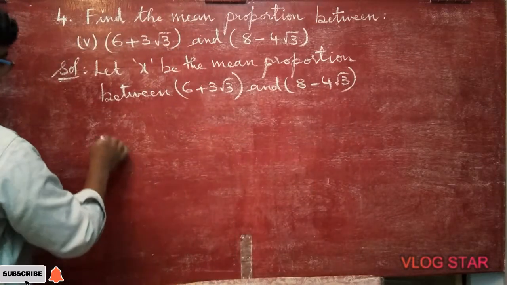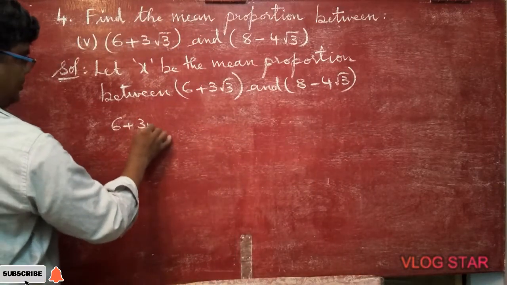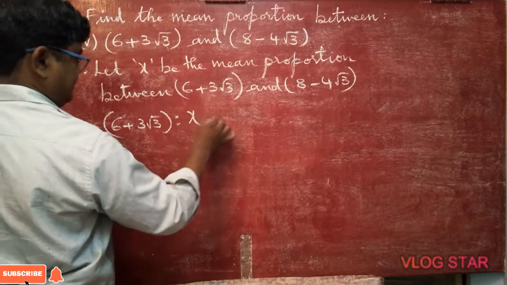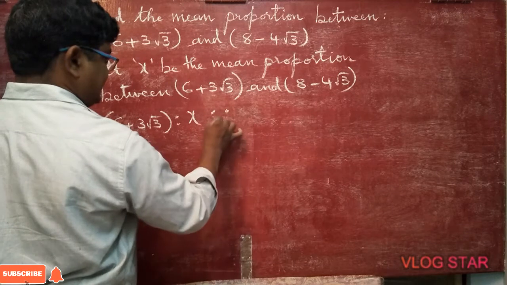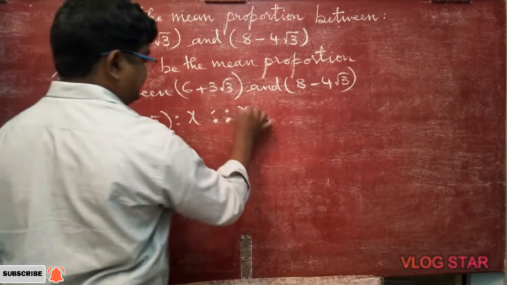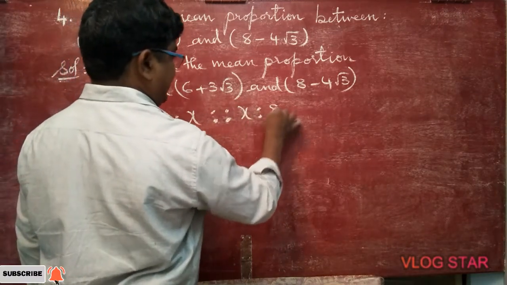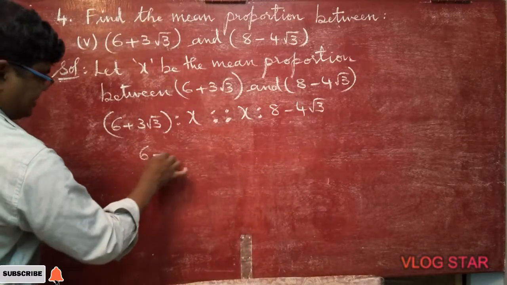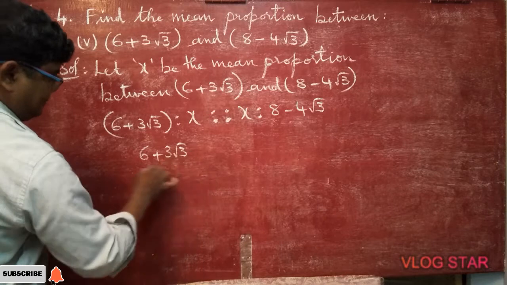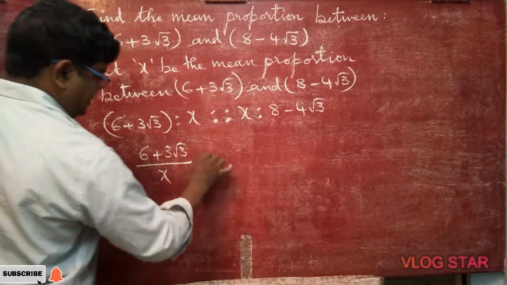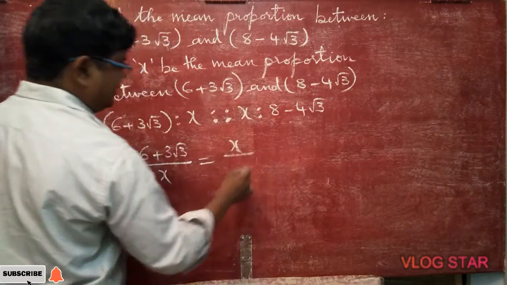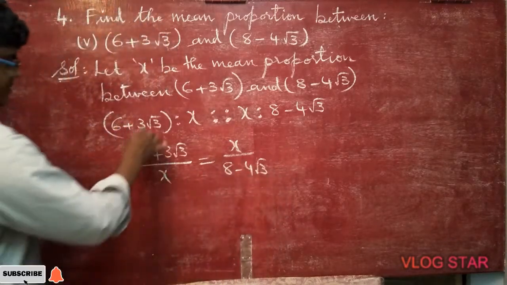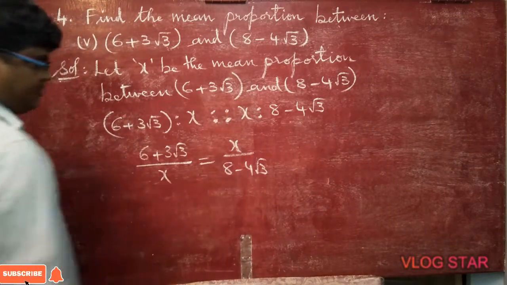So how to write: 6 plus 3 root 3 is to x as x is to 8 minus 4 root 3. Now another form, 6 plus 3 root 3 by x is equal to x by 8 minus 4 root 3. Or otherwise product of extremes is equal to product of means.